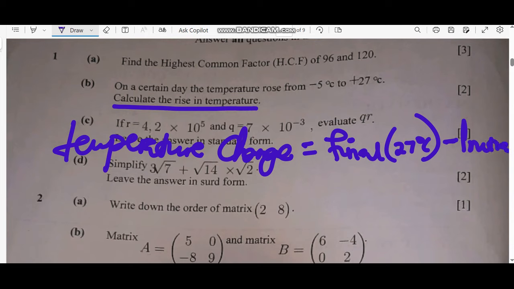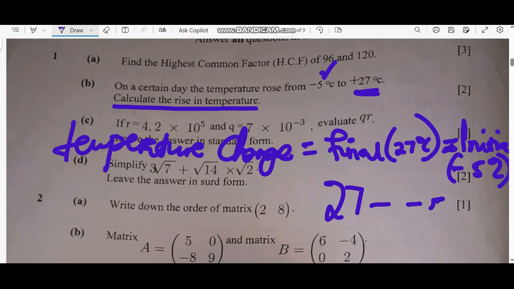Minus initial temperature. And what is the initial temperature in this case? It's minus 5 degrees Celsius. So the final temperature is this one, and the starting or initial temperature is this one. To get the temperature rise, we use this formula: final temperature minus initial temperature. So we say 27 minus minus 5.